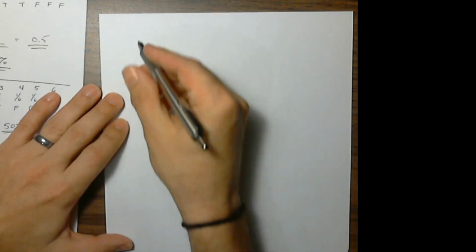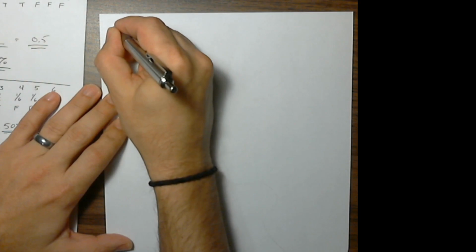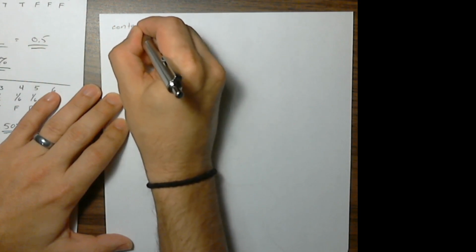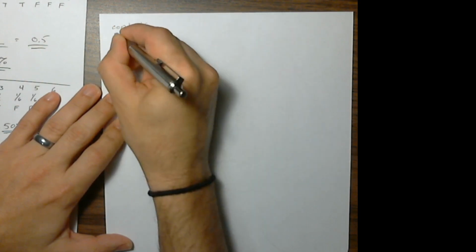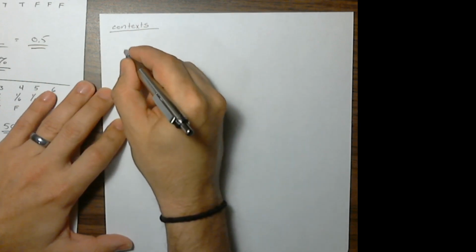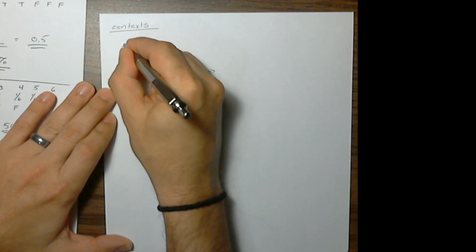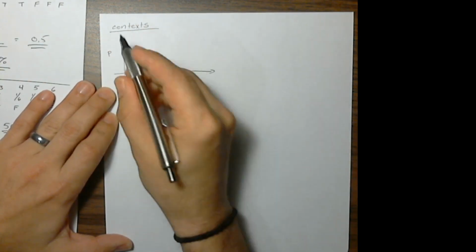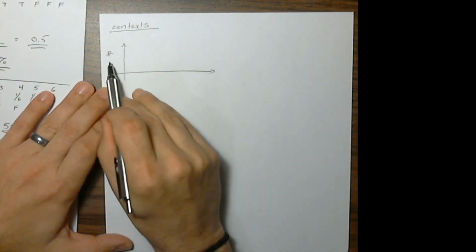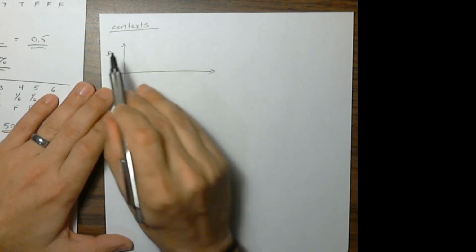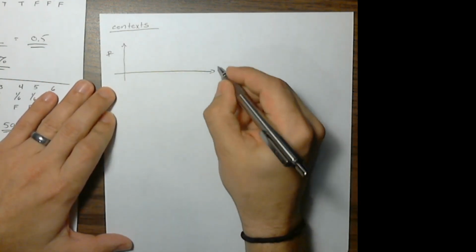We examined two different contexts. So here I've got a lowercase p. I'm putting a hash there just to emphasize it's not a capital P, it's a lowercase p.